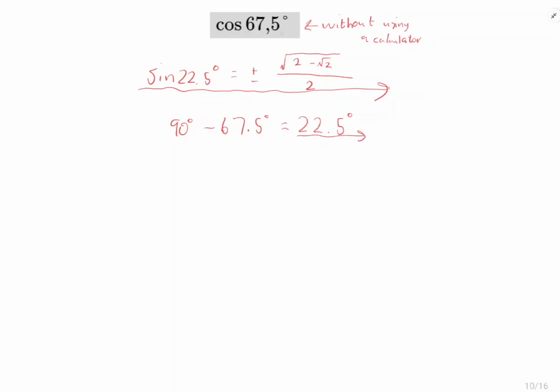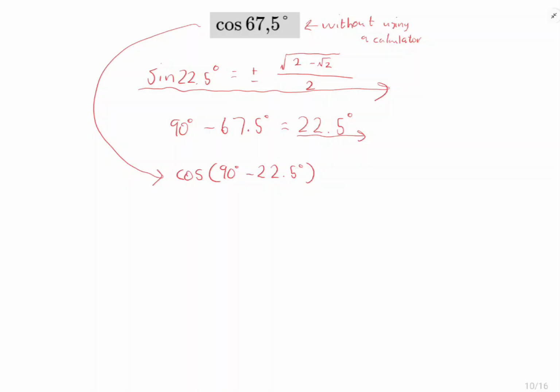So we can express this angle over here, let me just draw an arrow, as cos of 90 degrees minus 22.5 degrees, right? Because 90 minus 22.5 is just going to give you 67.5. Indeed, you can go ahead and type it in your calculator and check for yourself. So 90 degrees minus 22.5 degrees is 67.5 degrees.